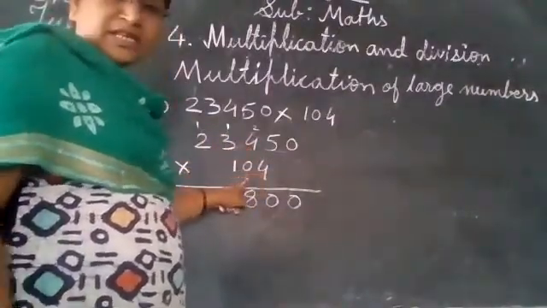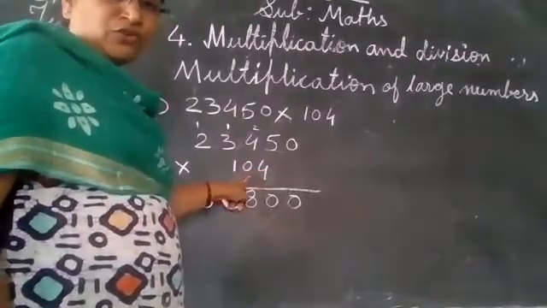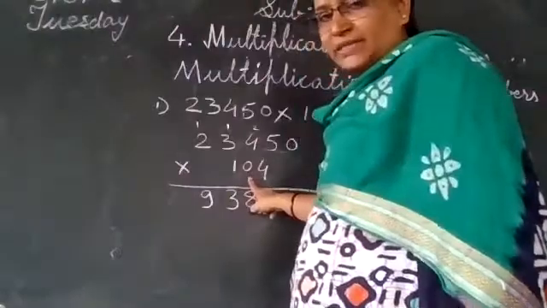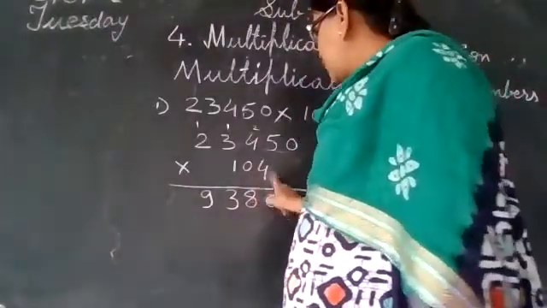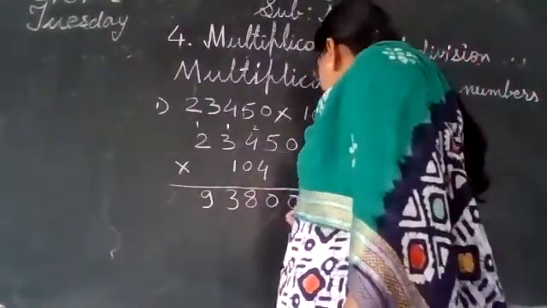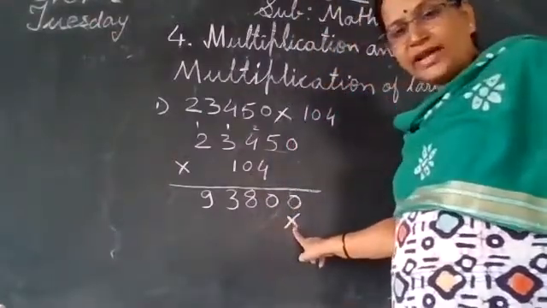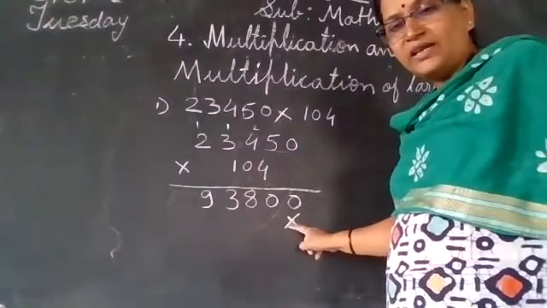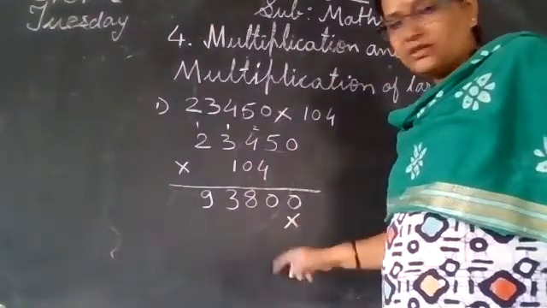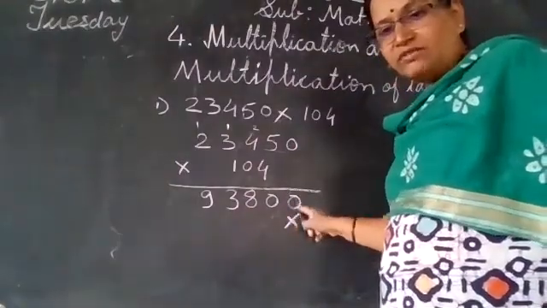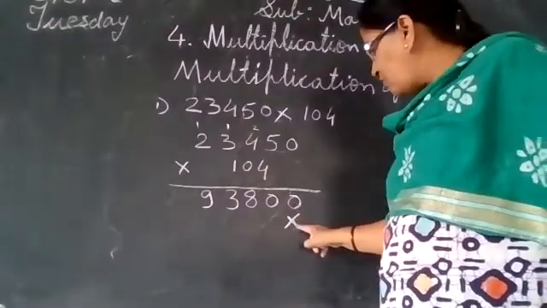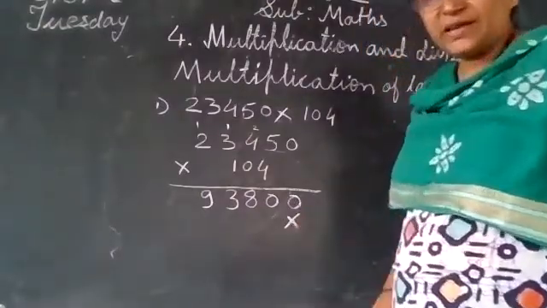Now we will take the second digit. For that, beta, we will leave the ones place, since 0 is in the tens place. For that, you can write 0 or you can write a cross. It means we have to leave this ones place. So only for that we write this.